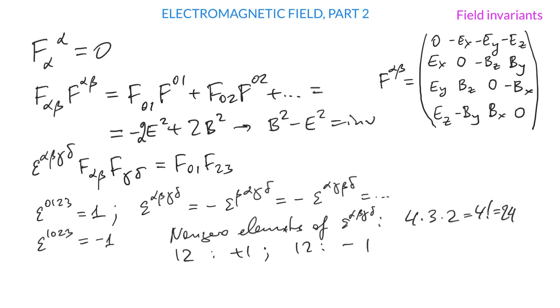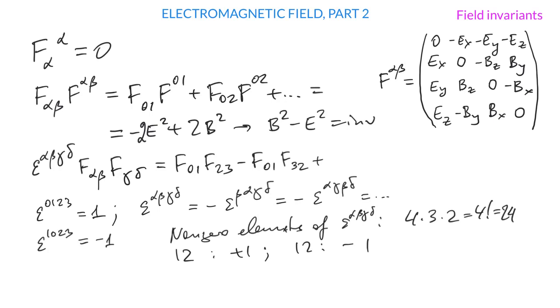For each of the indices alpha and beta, there will be some complementary pair of indices in the second factor, but there will be two terms. There will be F01, F23, and minus F01, F32. But these two are actually identical because F itself is an antisymmetric tensor.